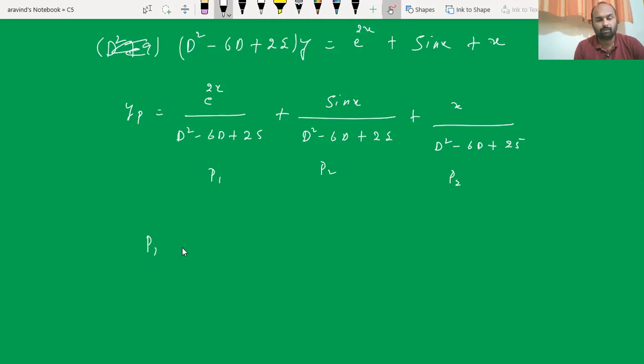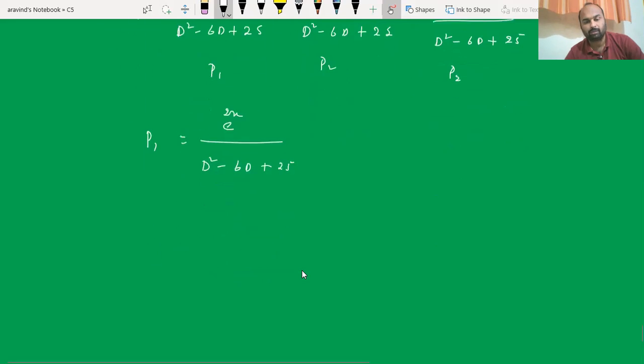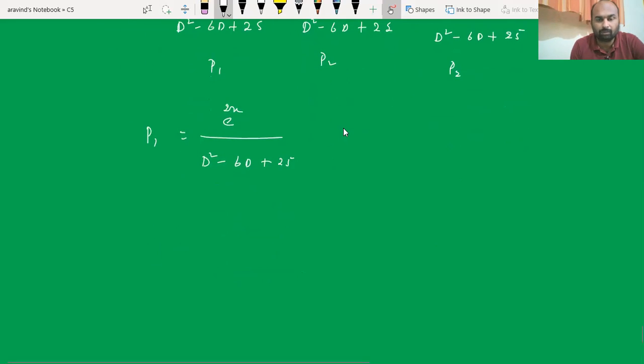That is, P1 is given by e to the power of 2x divided by d square minus 6d plus 25. Since it is e power 2x, it is compared to e to the power of ax. What we have to do is put d equal to a, which is nothing but 2.